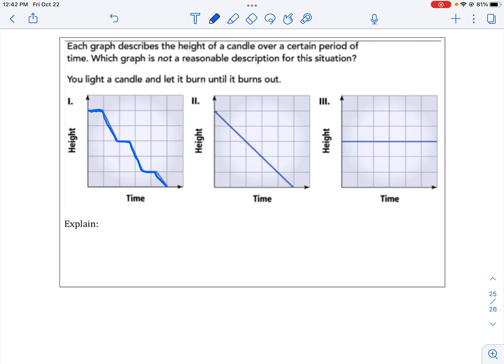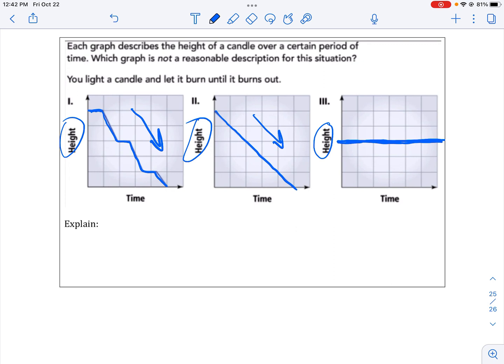It could just slowly go straight down, but an actual candle that you light is never going to remain the same height, because notice, height is your y. Think about when you light an actual candle, the height of that candle decreases as it is lit. It will never ever stay the same.